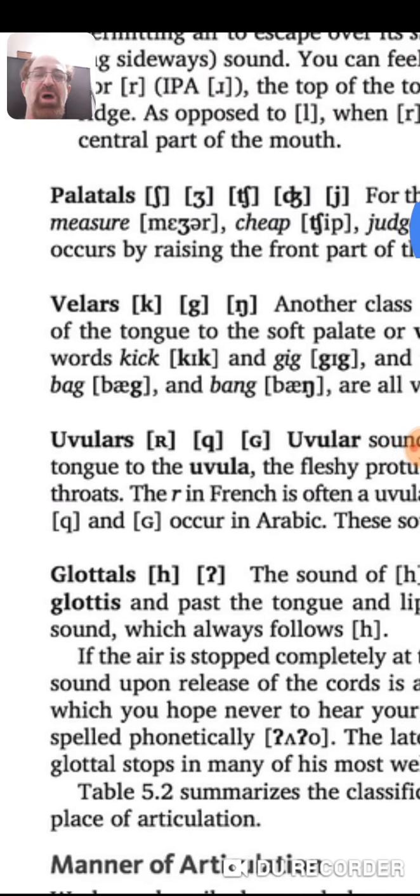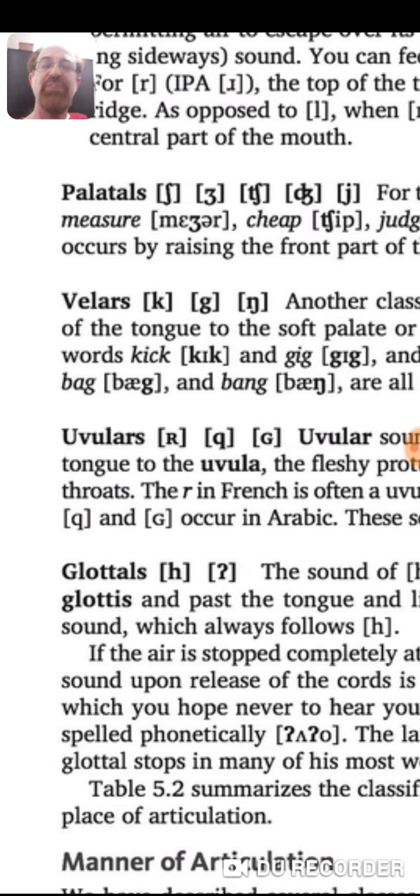The first one is the French pronunciation of R. The French people say the r from the back of the throat. For example, when they want to say Iran, they say it that way.